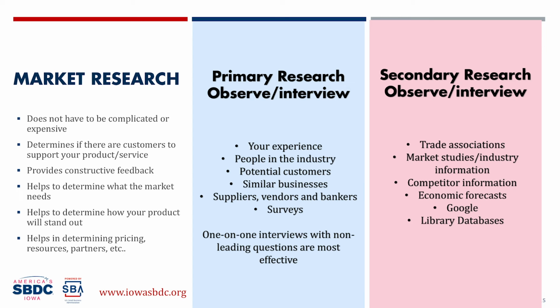You can use your personal experience and your family experience and talk to them about things you need to know about your product or how they feel about your product. Talking and interviewing people in the industry, potential customers, similar businesses, suppliers, vendors, bankers, anyone that's involved in the industry is going to help you get through those blocks we talked about for the Business Canvas model.